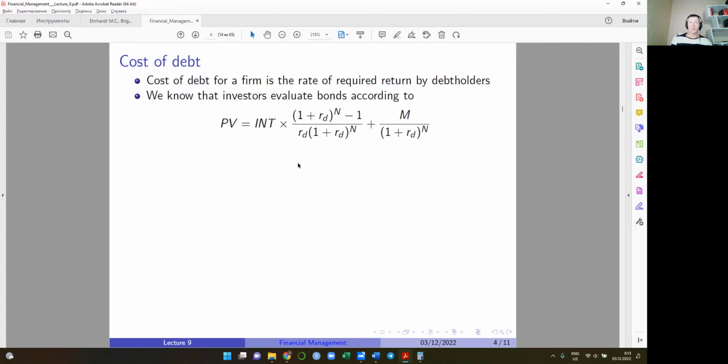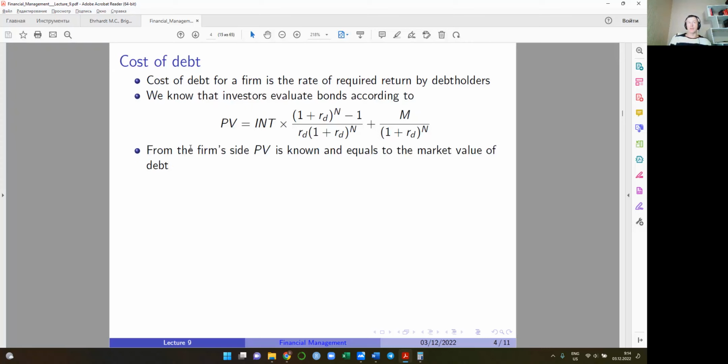We know from lecture 4, I believe that was lecture 4, that investors evaluate bonds according to the following formula. This is how investors compute the maximum acceptable price. Now we turn this upside down.